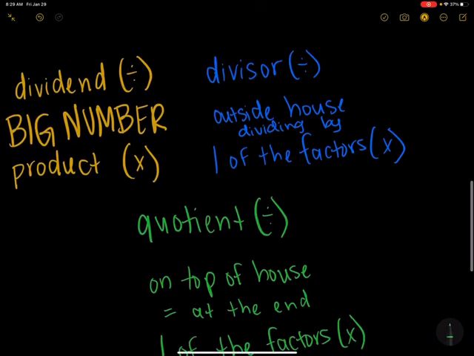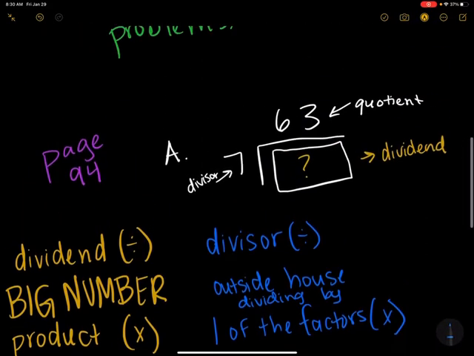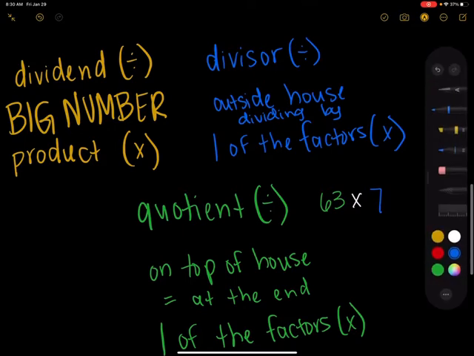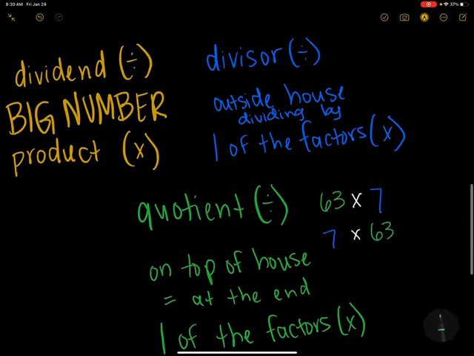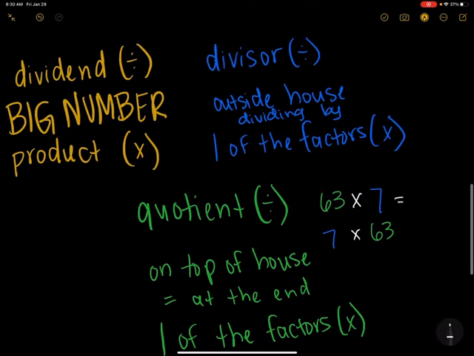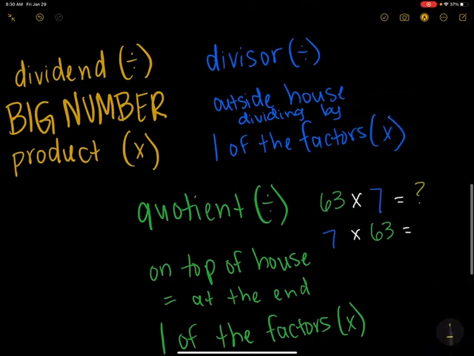So quotient was 63 times our divisor, which is 7. And remember, you can also set it up this way. It's going to give us our answer either way because these are both factors. And that is going to equal our dividend, the one that we're trying to find.